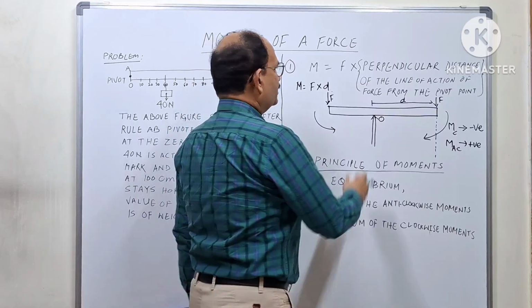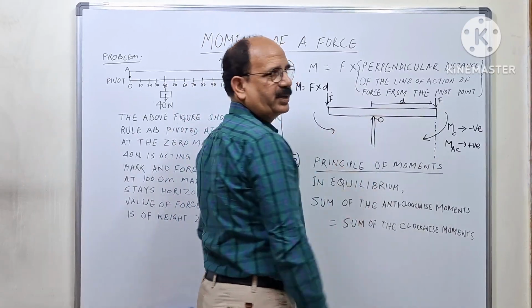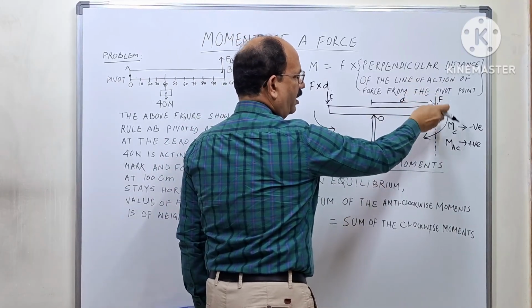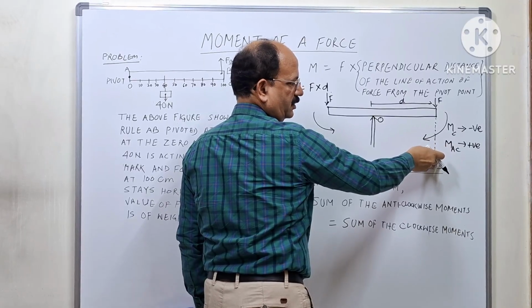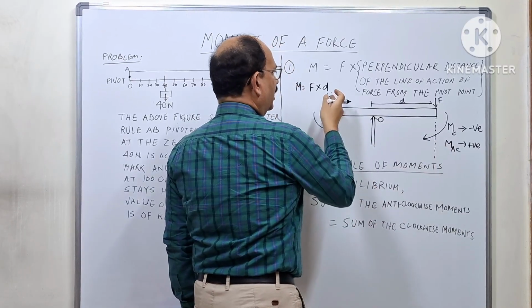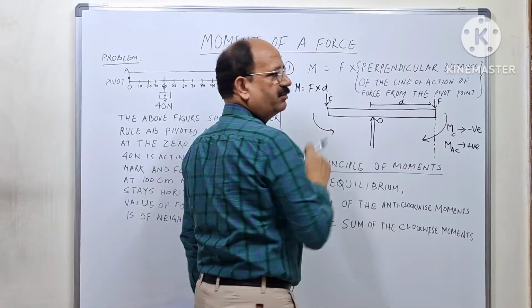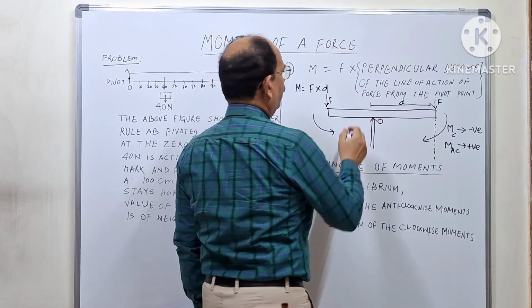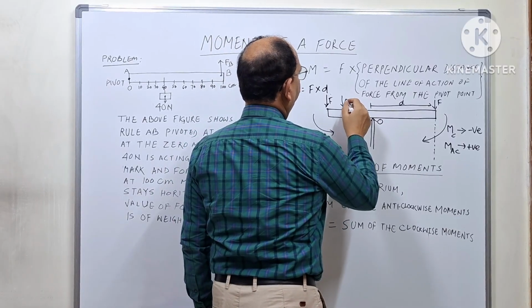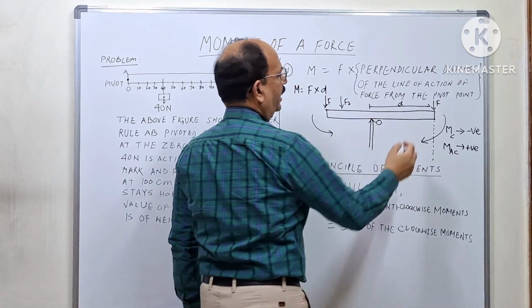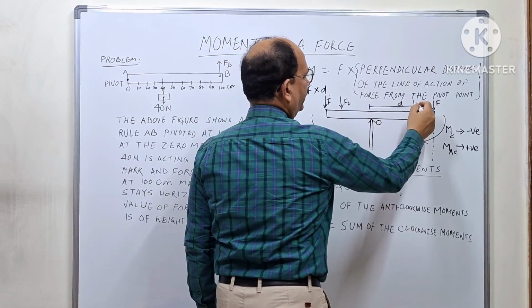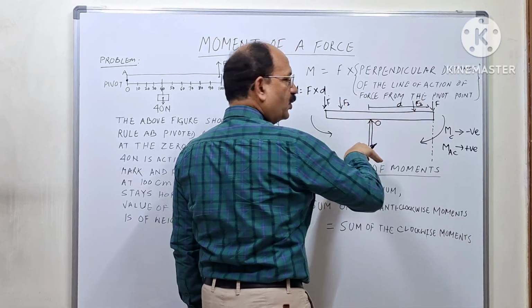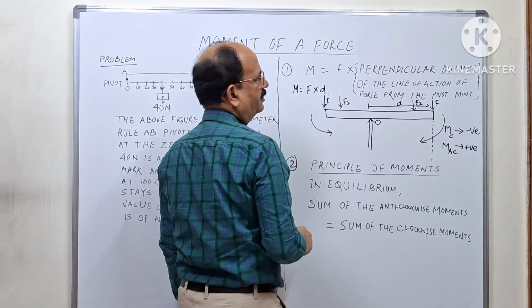Now, suppose both forces are applied together, then this force will try to rotate the rod in clockwise direction, and this force will try to rotate in anti-clockwise direction. Suppose I apply one more force, say F2, and apply a force here, F3, then this F2 will try to rotate it in anti-clockwise direction.